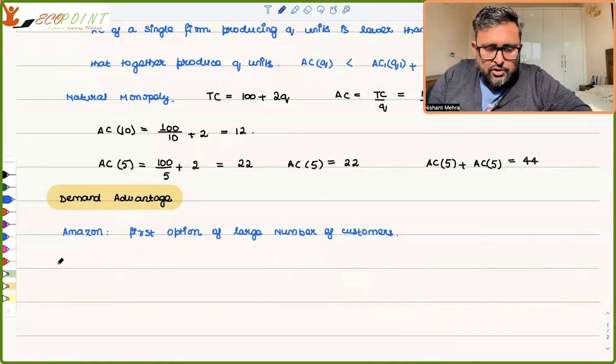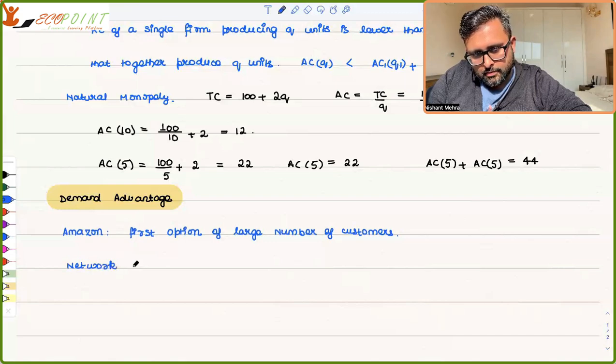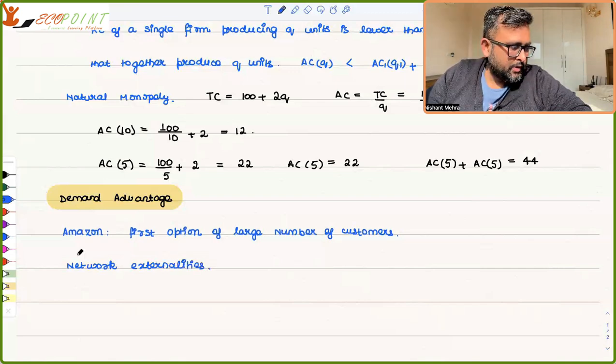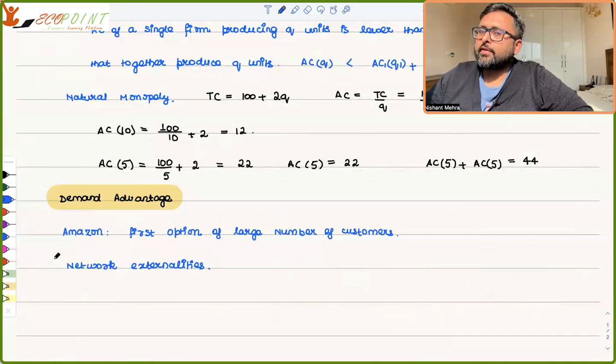अब यहीं पे जो चीज आती है वो नेटवर्क एक्सटर्नैलिटीज की है। Network externalities, right? So the value of the good or a service is going to increase by more number of people using it, right?